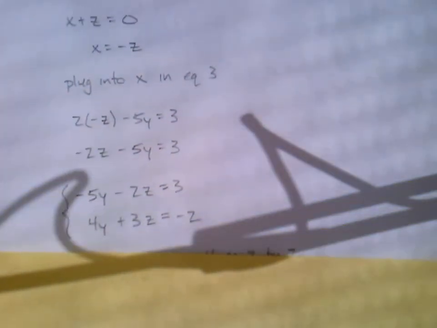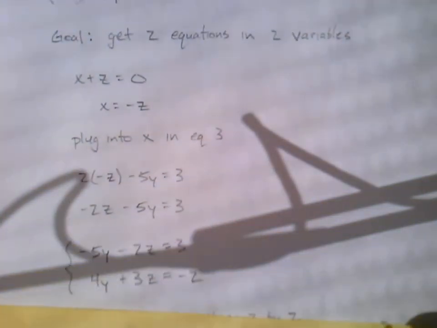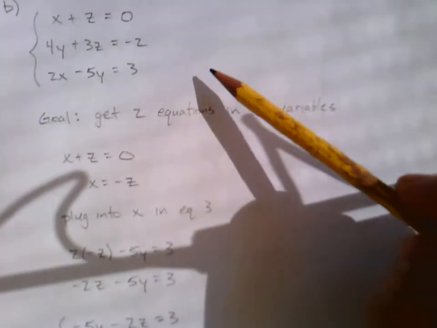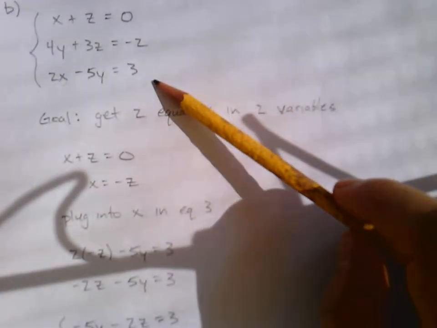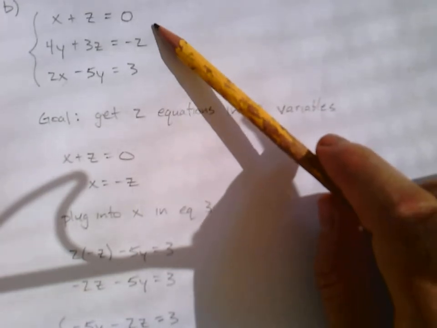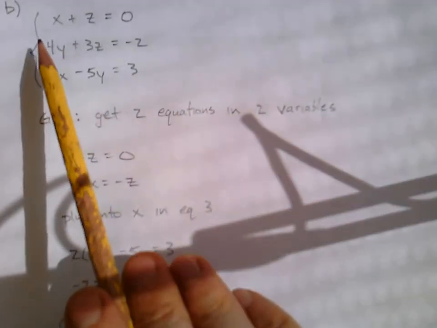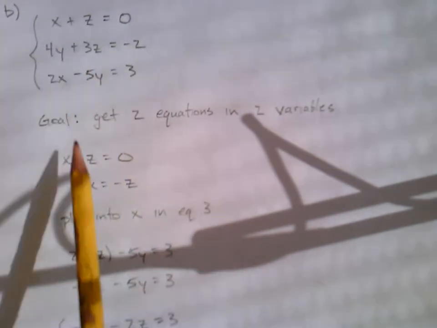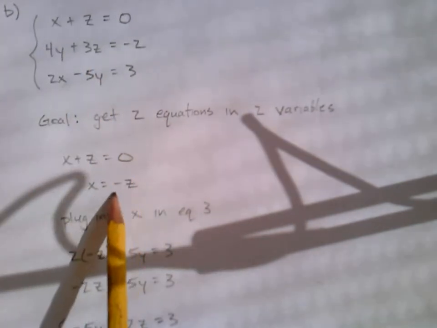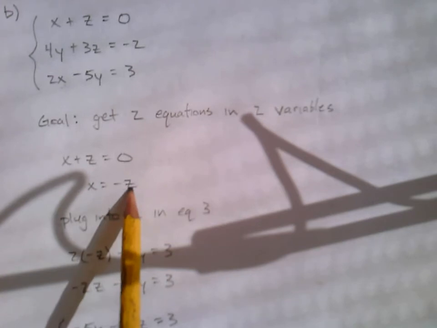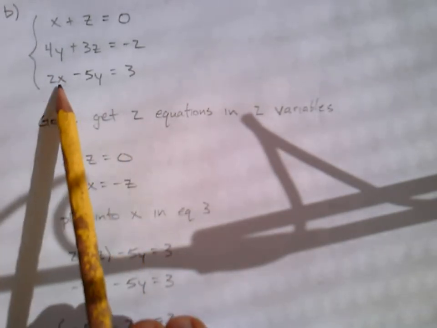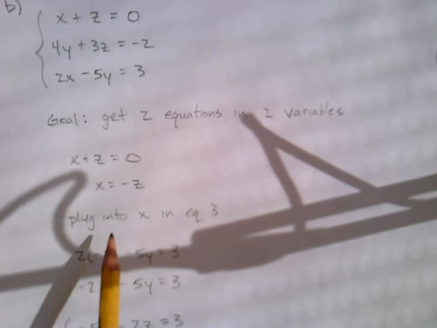Let's review this, because this is the key step in the problem, obtaining that goal before we can move on. When some of your equations don't have all three variables, isolate one of the variables in one of them. Here it was very easy to isolate that x. Then plug what it equals back into another equation that had x in it.